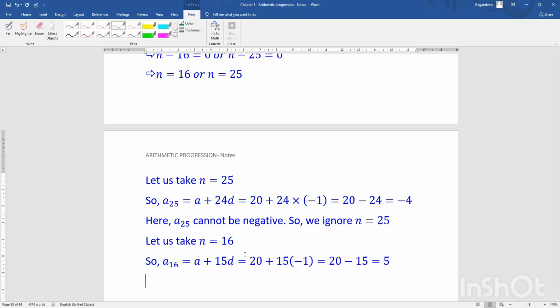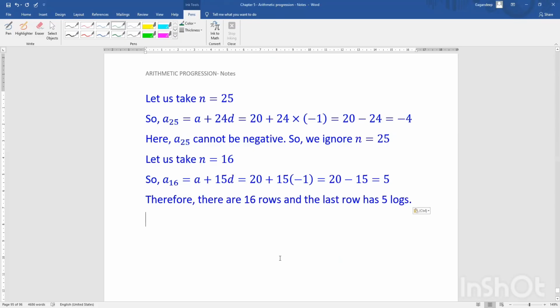So therefore, our conclusion will be there are 16 rows and the last row has 5 logs. That's our answer, children.